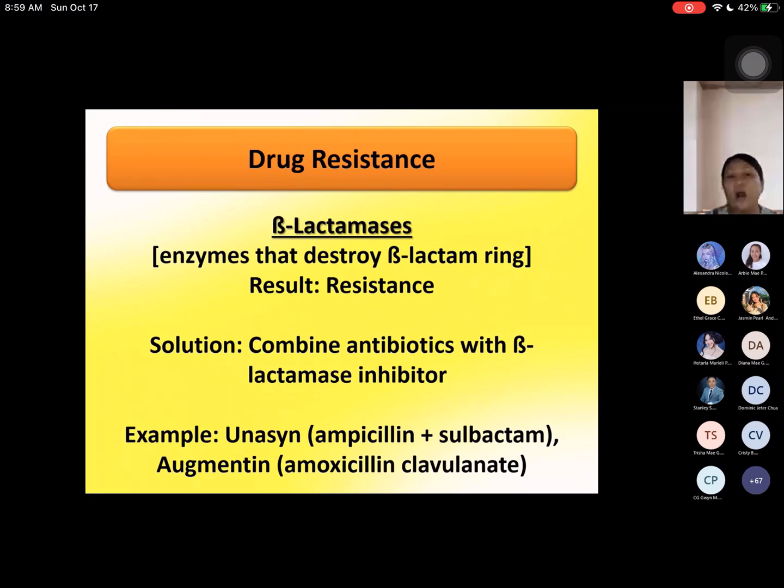Ang mahal ng Augmentin, I tell you. So I repeat, we have the B-lactamases, which result in resistance. These are the enzymes that destroy the beta-lactam ring. Okay.